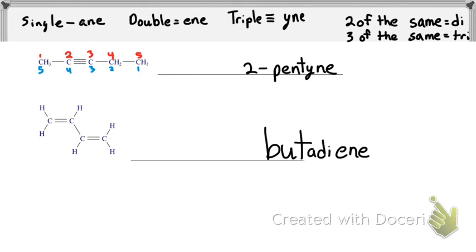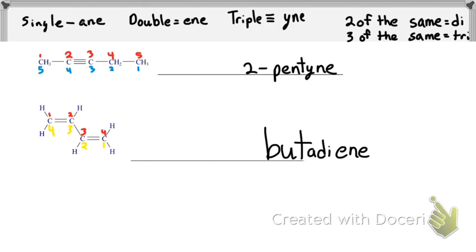Okay, then the last thing we need to do is number this to see which direction we want to go from. It's actually a symmetrical molecule, so it won't much matter, but we'll call this 1, this 2, this 3, and this 4. Or we'll number it the other way. I'm going to use yellow to call it 1, 2, 3, 4.